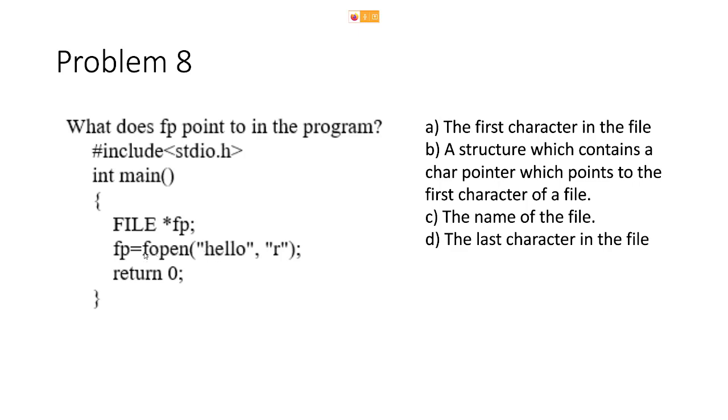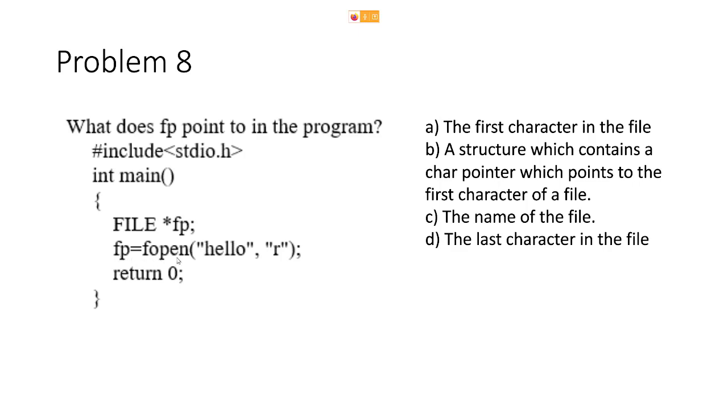And this fopen library function will return to you a structure. That structure will have information such as the permission, because that may need to be checked later in the program. It is a structure in which one of the members is a character pointer.